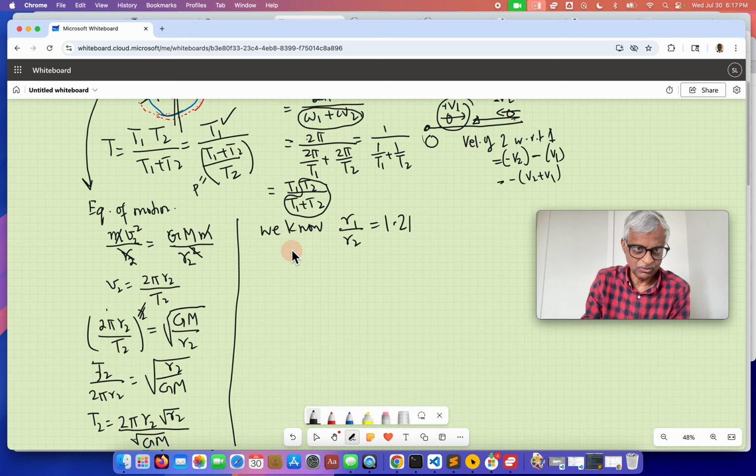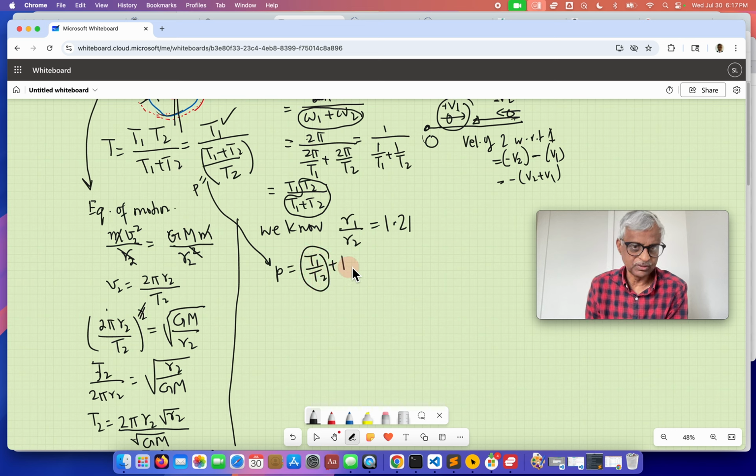When you look at P, it will be T₁ over T₂ plus 1. So as long as we get a ratio, we'll be fine, okay? So maybe this means set up the equation of motion of 1 also.